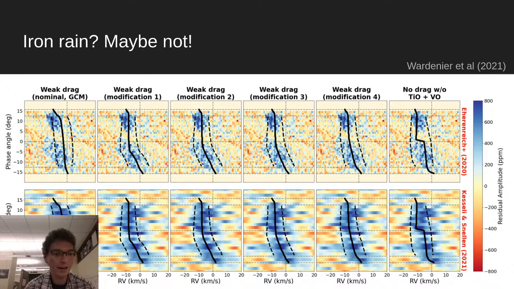And so they went to their atmospheric models, to their theoretical models, and they started playing around with different parameters. And they found that, in fact, there are a bunch of different settings that can produce very similar data to what we actually observed, but without this iron distribution, without this need for iron to be vaporized in the morning and then to rain out in the evenings.